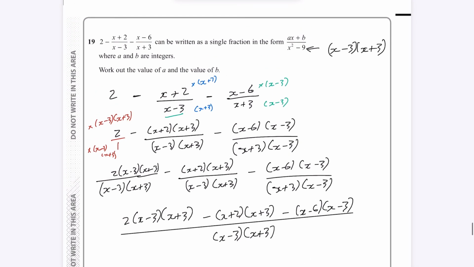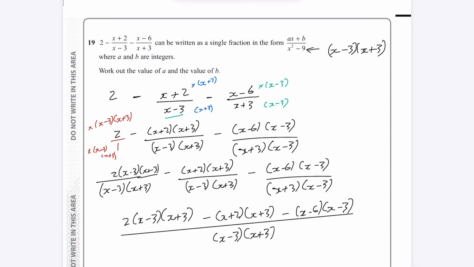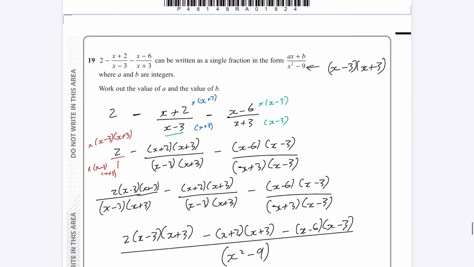Now we're getting closer to what the question asked us for, but remember what I told you about this. I'm going to cross this out and write this as the difference of 2 squares, so that's the same as writing x squared minus 9. So we're getting closer and closer to the question now.